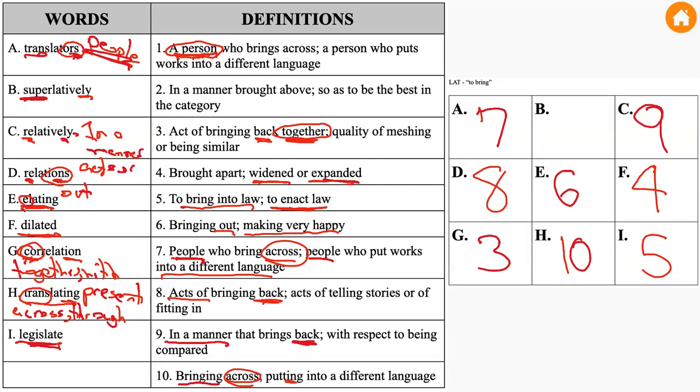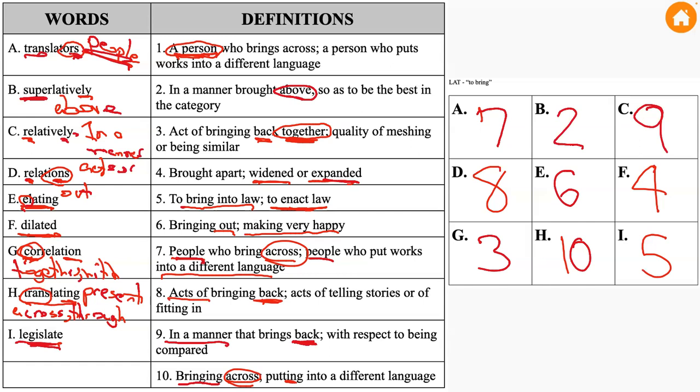Do you remember what super means? Look in the definition. Above. So Superman is above man because he can do a lot of things that normal man cannot do. He can fly. He's faster than a speeding bullet. His X-ray vision, whatever.